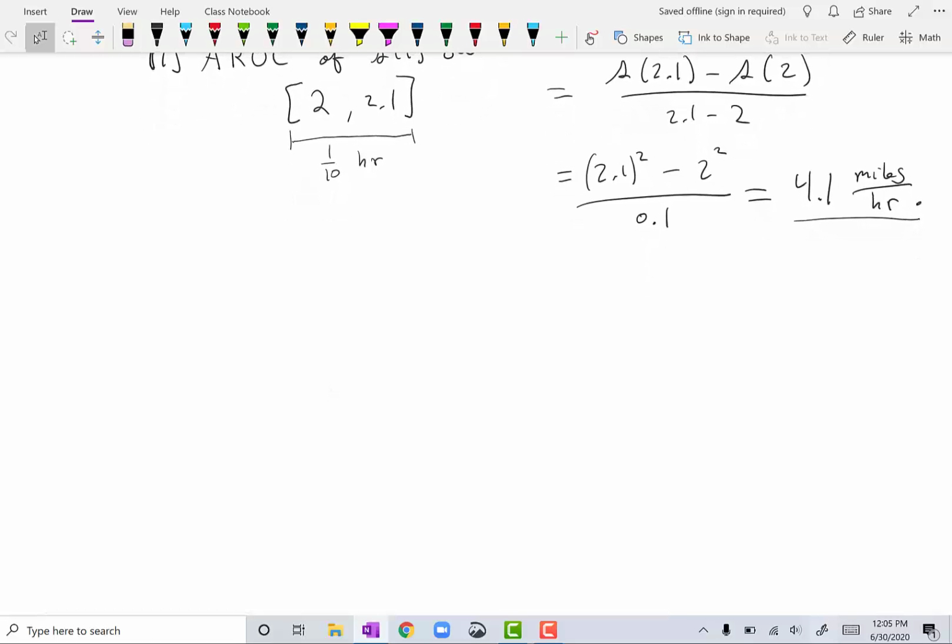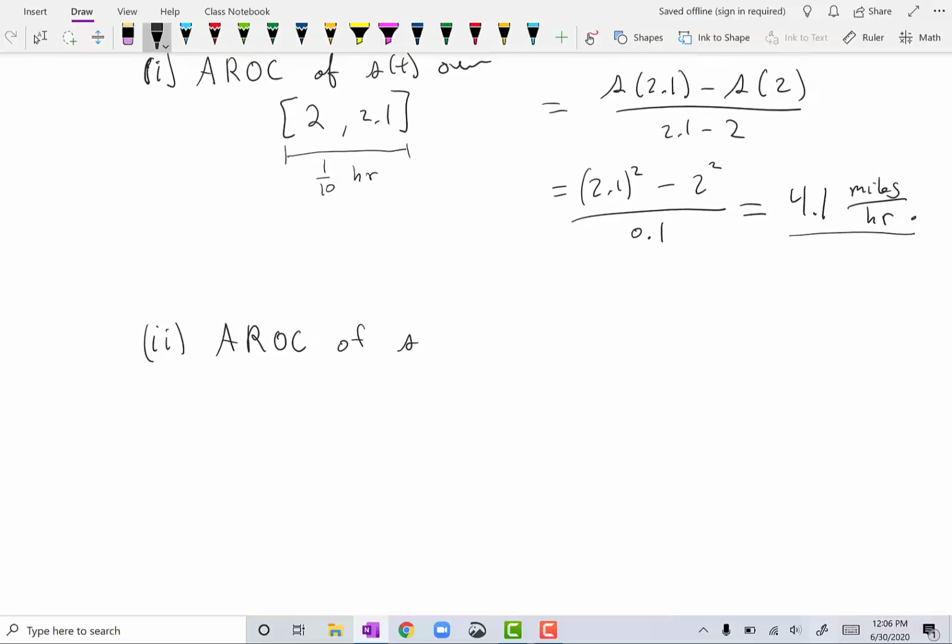But 1/10 of an hour probably isn't that exact, so maybe we try to make it even more exact and we compute the average rate of change of s of t over the interval. We're going to make it shorter, so maybe we go 2 to 2.01. So now 1/100th of an hour is the time elapsed here.